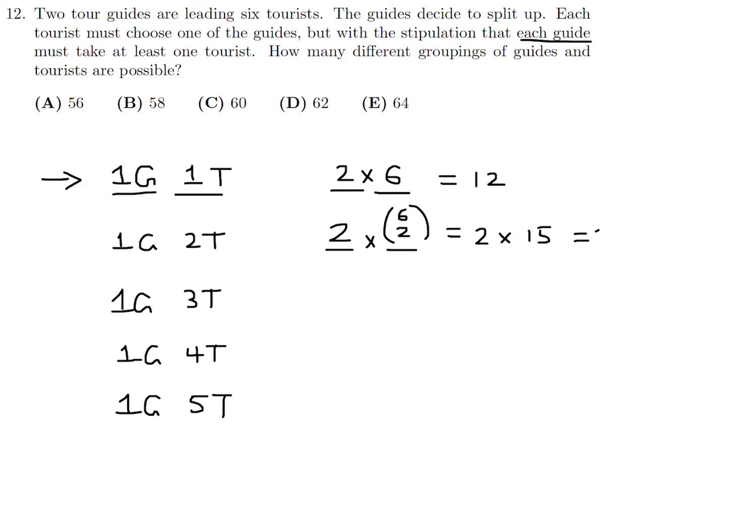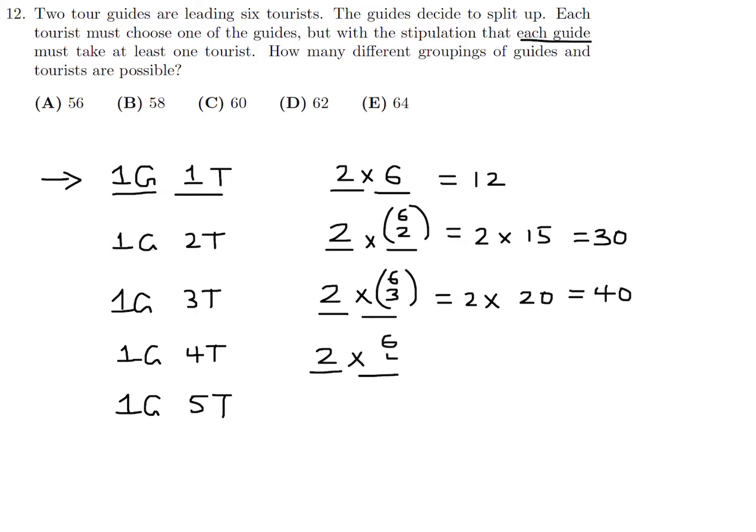So 2 times 15 is 30. Next, same story for the guides, but now it's 6 choose 3, and 2 times 6 choose 3 is 2 times 20, which is 40. Then one guide and 4 tourists: again 2 choices for the guides, and 6 choose 4 is 15, so 2 times 15 is 30.